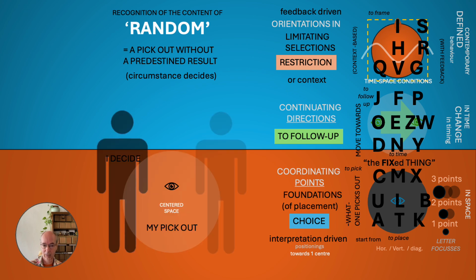So when I would pick out things, then the letters that I need for it to pick out something will be below there. It's my pick out. Where I decide what to pick out, it will be picking out a point of reference, a starting point, because all the 9 first letters are about starting points with a centered focus before us in space. But I do not decide it.